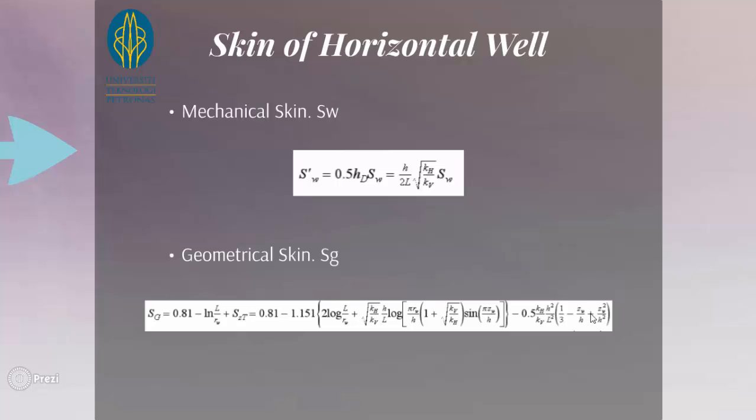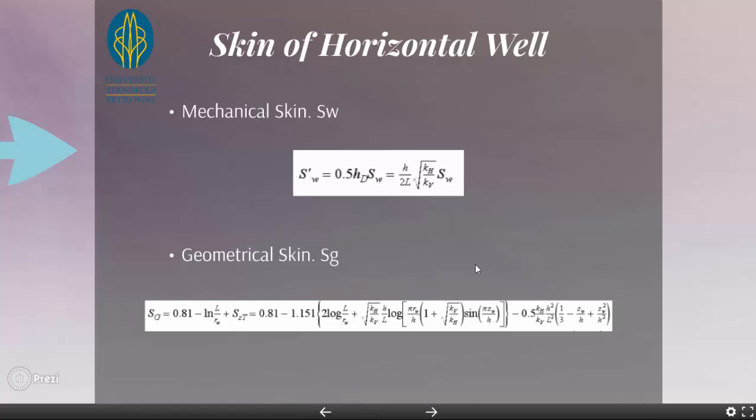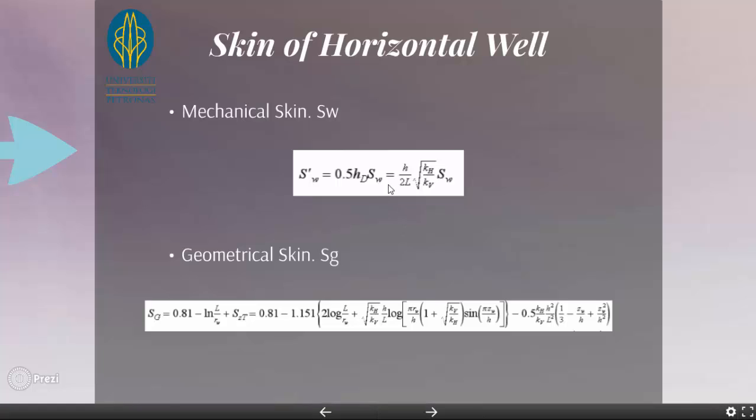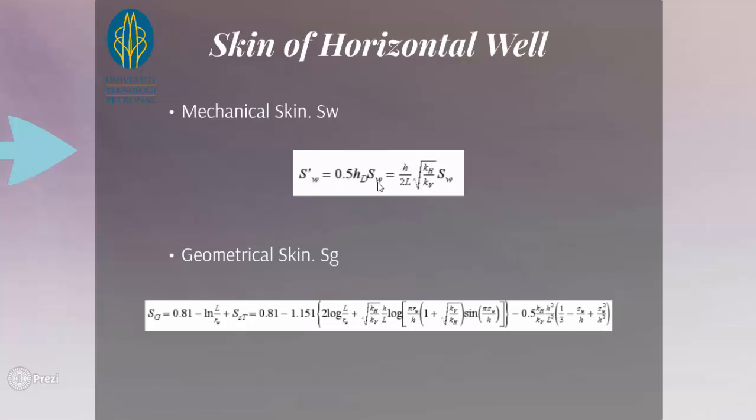The first type of skin is mechanical skin, sw. As an extension of the total horizontal radial flow skin concept s_ph used in the previous equation, the infinitesimal wellbore skin sw is sometimes also defined with reference to a vertical well of radius rw and permeability kh, the horizontal permeability.